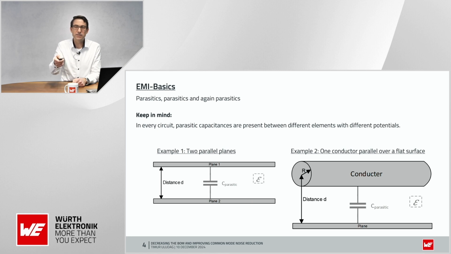And secondly, if you have one conductor with a potential that is different to the plane, then you will also have a parasitic capacitance formed.